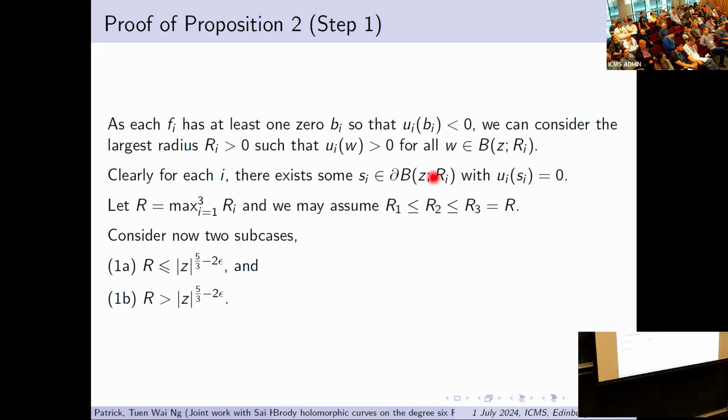Each radius of this ball will be denoted by R_i, and then you let R be the maximum of these radii, and you also assume those radii are in this order. And then we divide the proof into two cases: one is this capital R is less than or equal to this factor here, or greater than this factor.